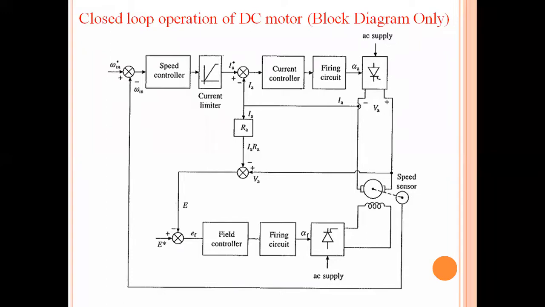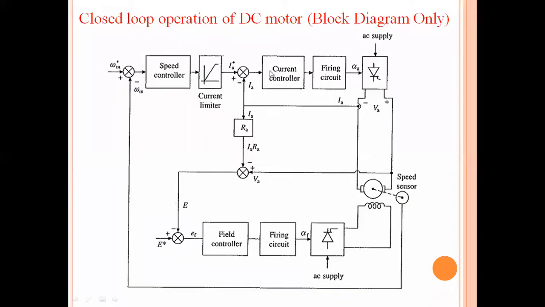Why we need to prefer closed loop operation means, if the motor is to be operated at a particular speed, then the closed loop operation is required. So a speed feedback with an inner current loop is shown here.